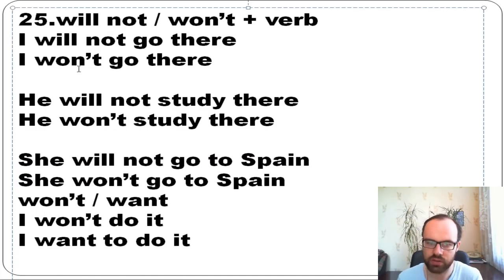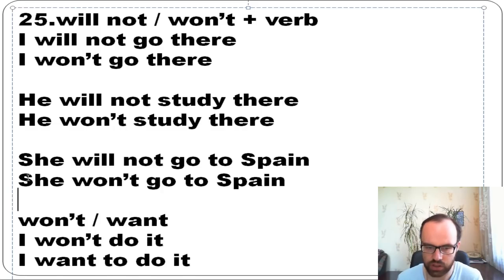So many students have this question. So what do we hear, want or won't? Look, I want to do it. Want plus verb. It means that you will not do it, it's a negative form.